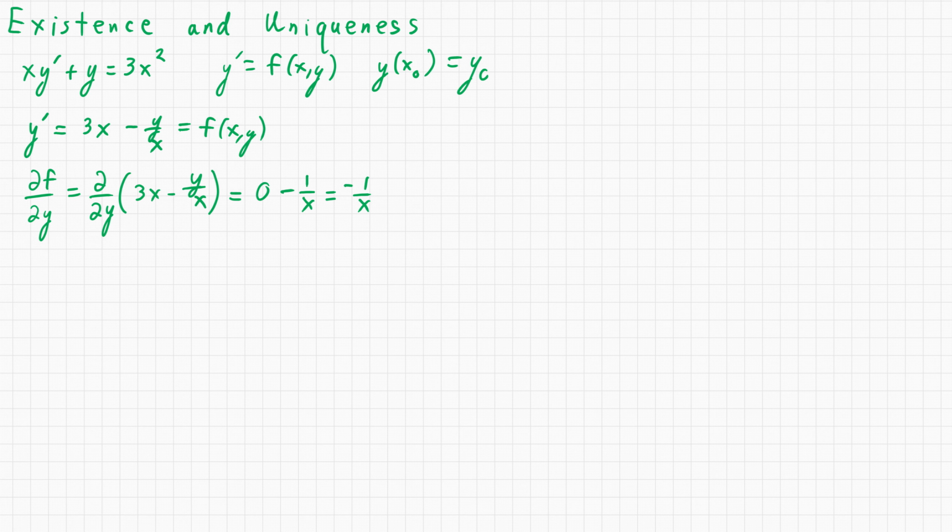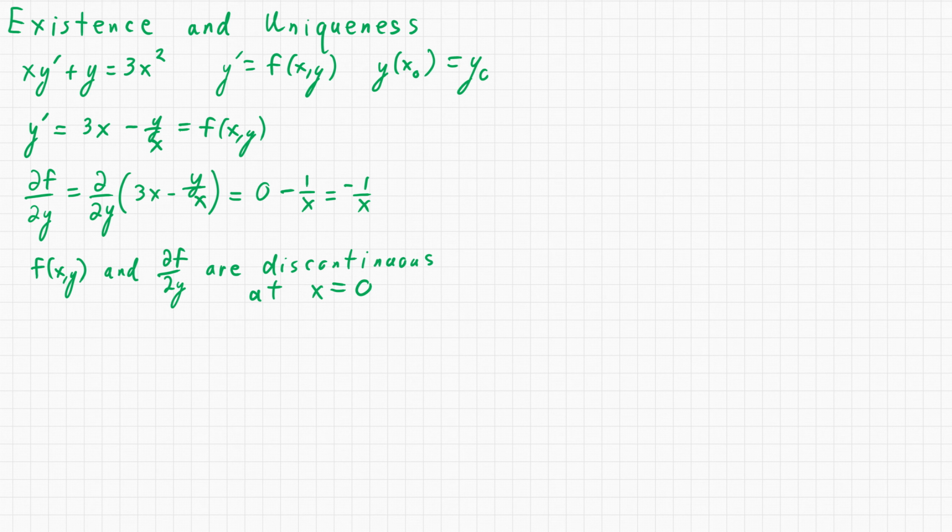So f of x comma y and partial f partial y are discontinuous at x equal to 0, meaning on the y-axis. As long as the initial condition isn't on the y-axis, we should be fine. There should exist a unique solution, and we're good.